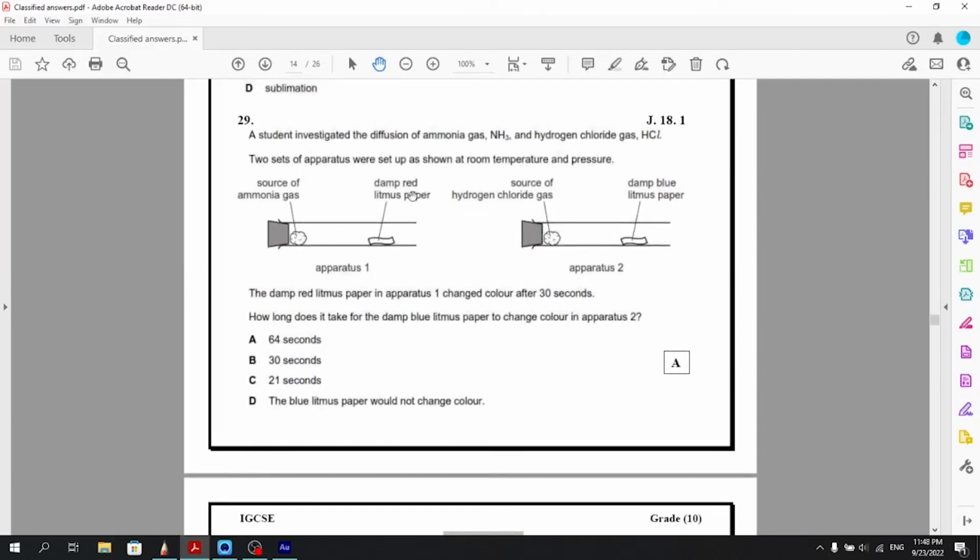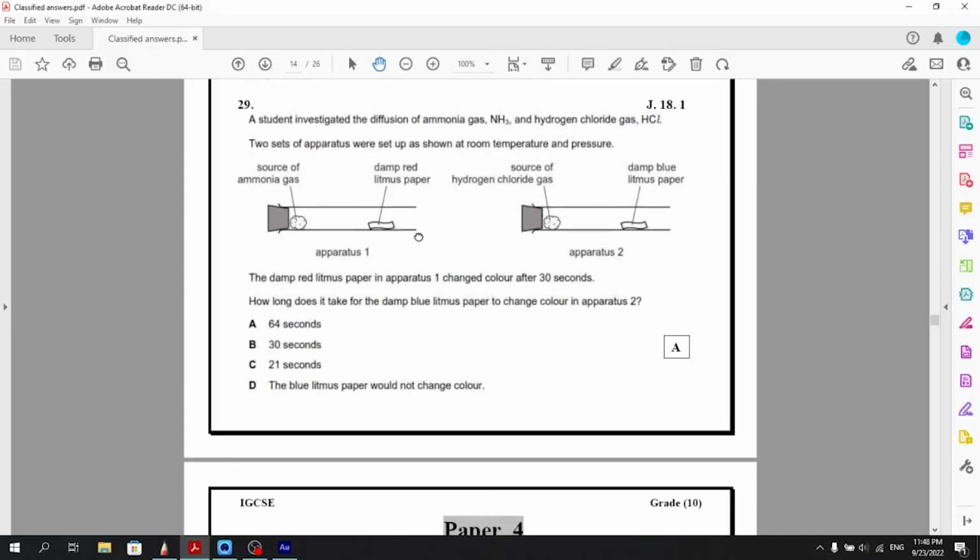Okay. The last question we'll be answering, because I don't want this to be a lengthy video. A student investigated the diffusion of ammonia gas, NH3, and hydrogen chloride gas, HCl. Two sets of apparatus were set up at room temperature and pressure. We have a source of ammonia gas, and we have a damp red litmus paper.